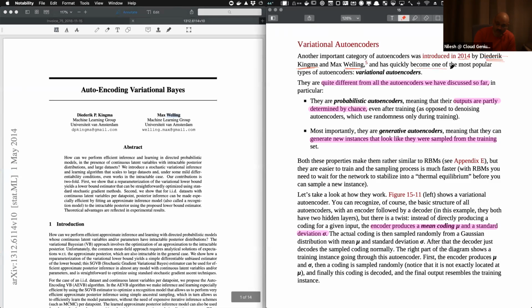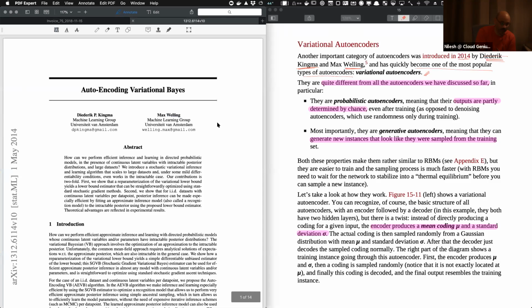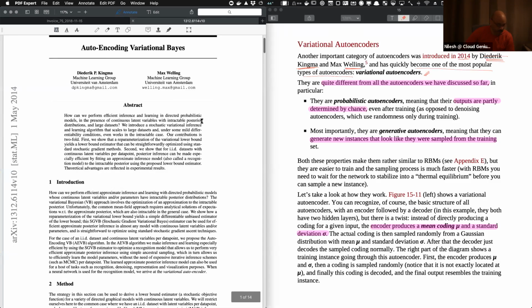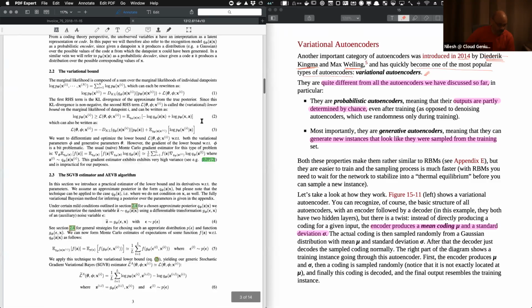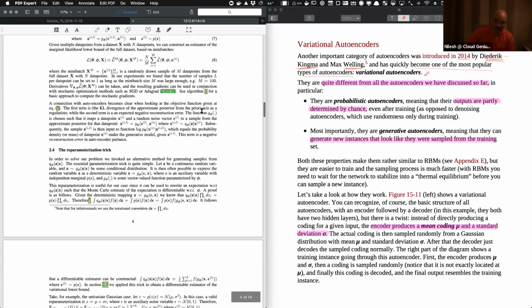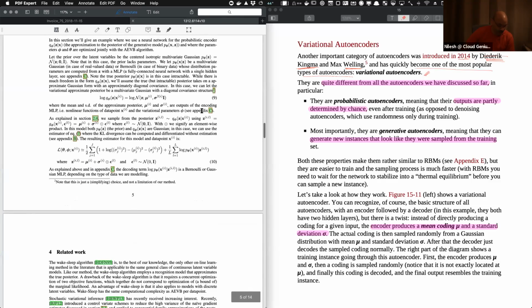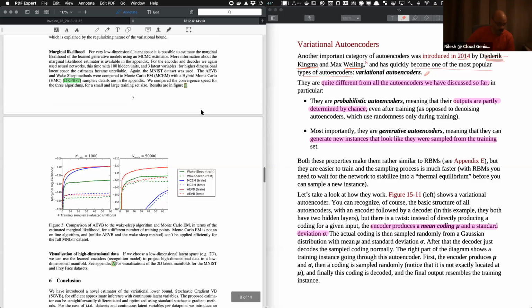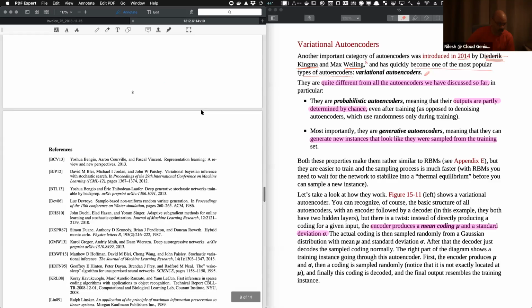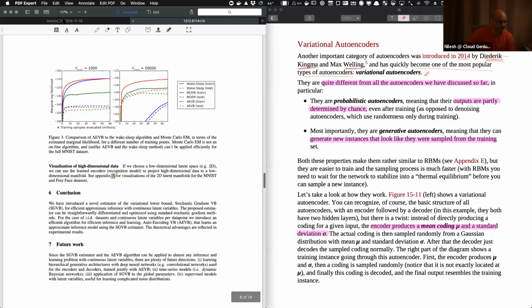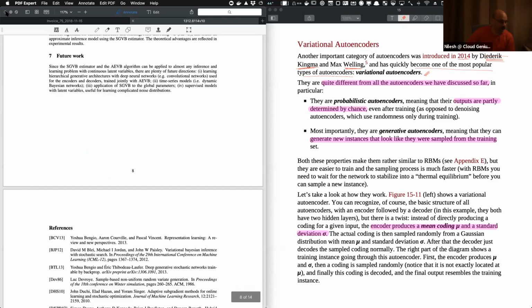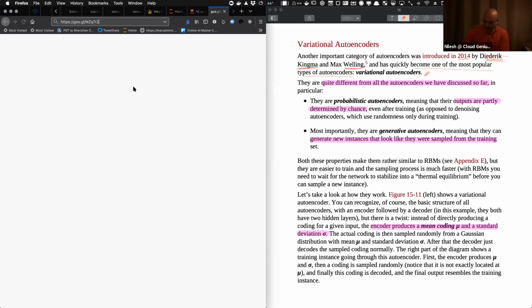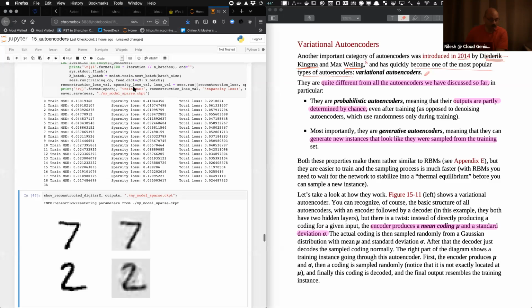It has quickly become one of the most popular types of autoencoders, called variational autoencoders, and this is a 2014 paper. We are not reading the paper right now, but I recommend that you at least take a look to see what you find. I'm closing it.